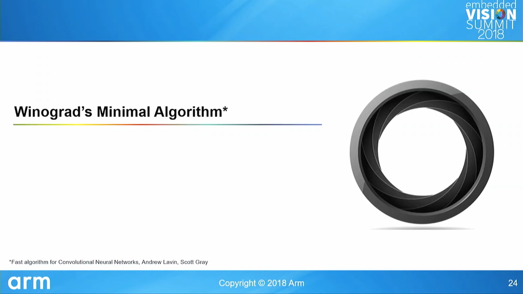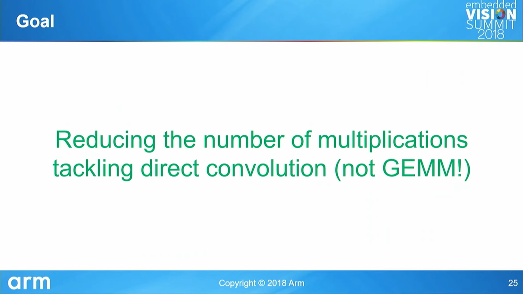So let's move to the hot topic, the topic of this presentation, which concerns Winograd. But don't forget what we have learned in the previous section. So what is our goal? Reducing the number of multiplications, tackling direct convolution.